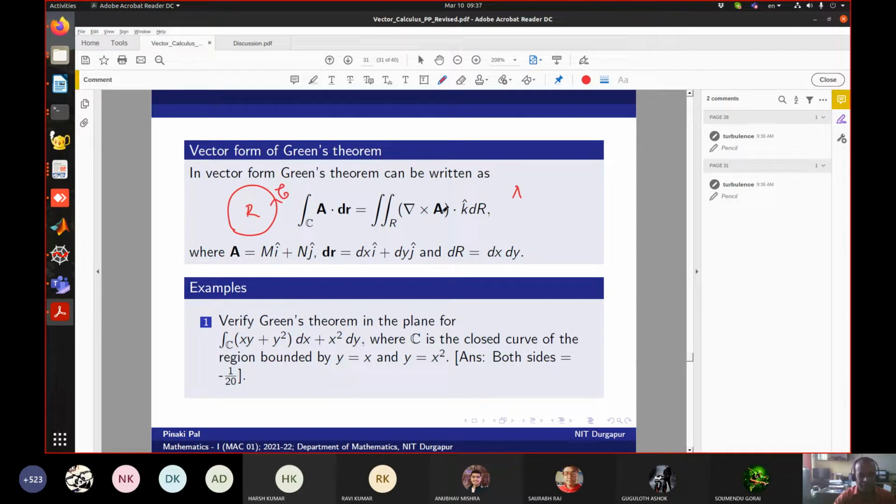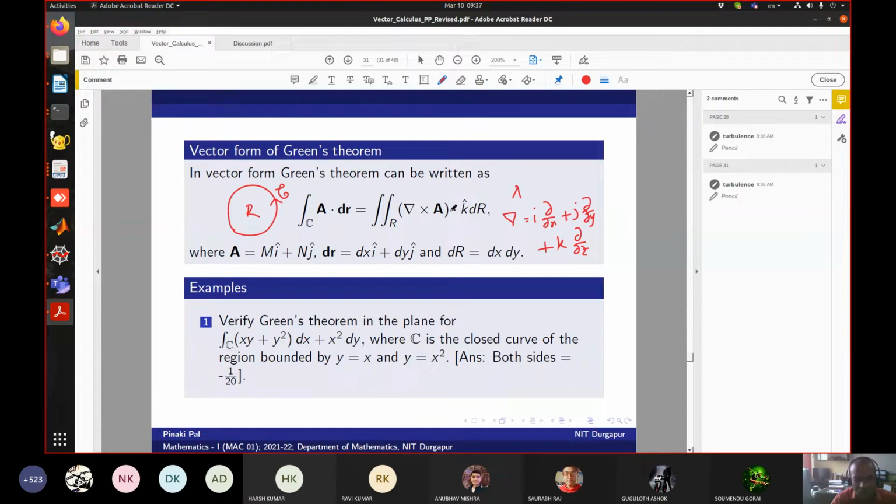And then the cross product of this nabla operator. We already know nabla is i del/del x plus j del/del y plus k del/del z. If you take the cross product of this with A, the k part is 0 because we are within a plane.